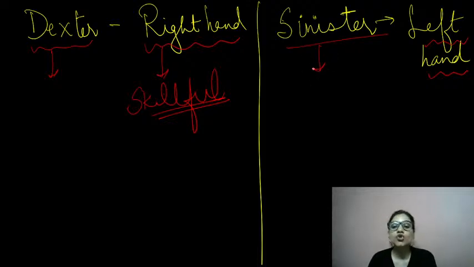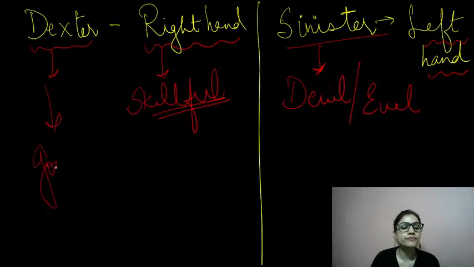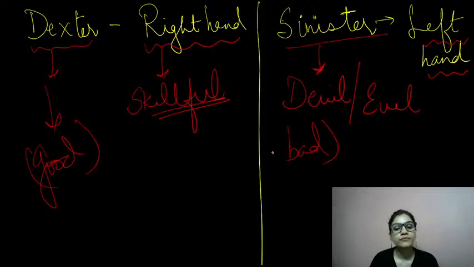So sinister is used for left hand. Left hand is considered worthless, it does not work. So we relate sinister to devil, to evil, something which is bad. Dexter has a good connotation, sinister has a negative connotation, it's bad, right? Just remember this: dexter refers to right hand, sinister refers to left hand.